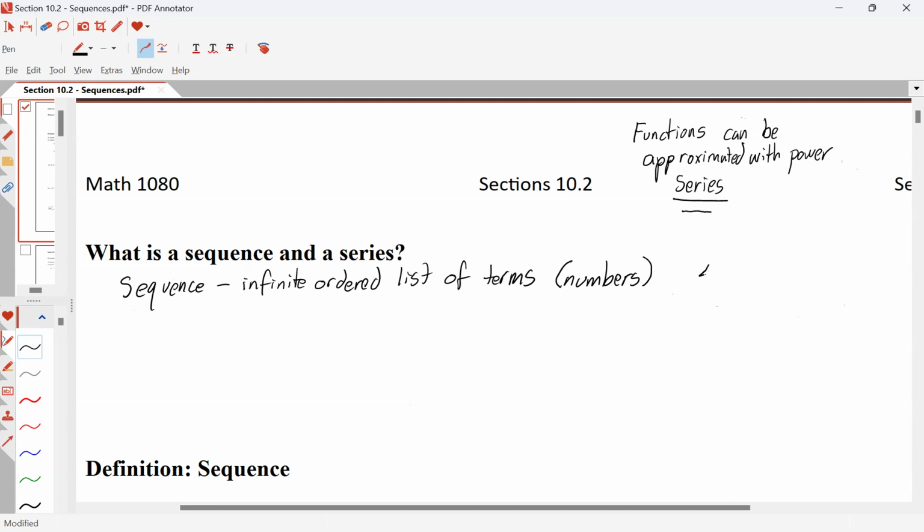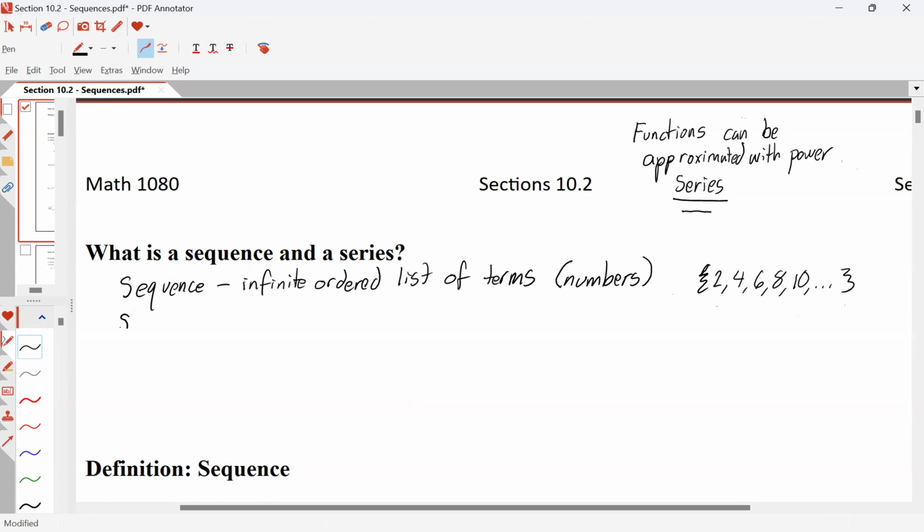So, as an example, we could have the list that goes 2, 4, 6, 8, 10, and so on. And we know that sequence, what pattern is happening is adding 2. We could continue on that pattern. And we know in this list, the first term is 2, and then the second term is 4. So there's an ordering to it. And this list can go on and on forever.